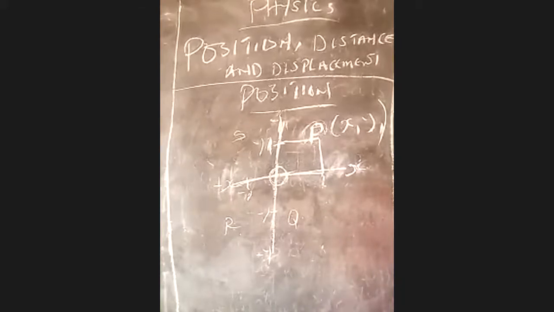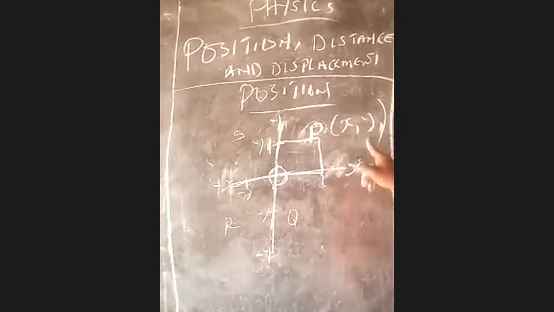I just want you to look into it. We are dealing with position. So if the position of P is specified by the coordinates S1, Y1, it means that the distance of P from 0 in the S direction is S1.